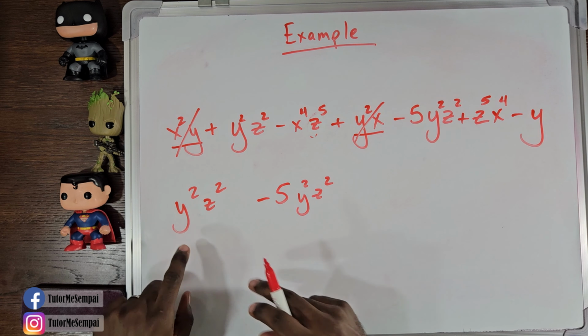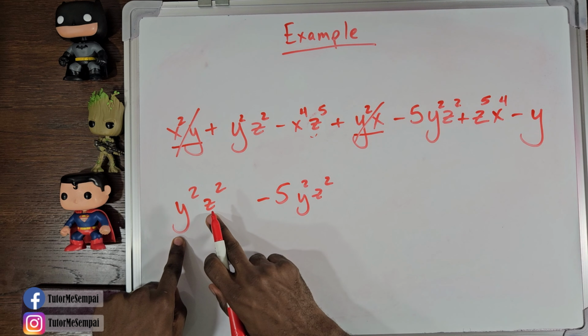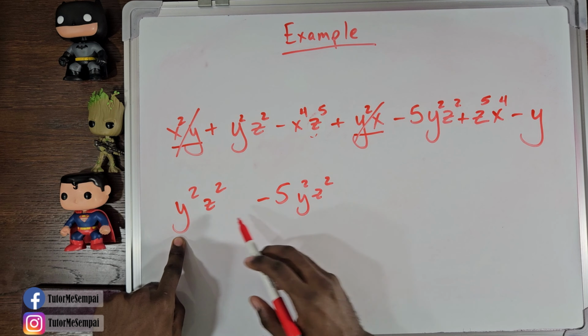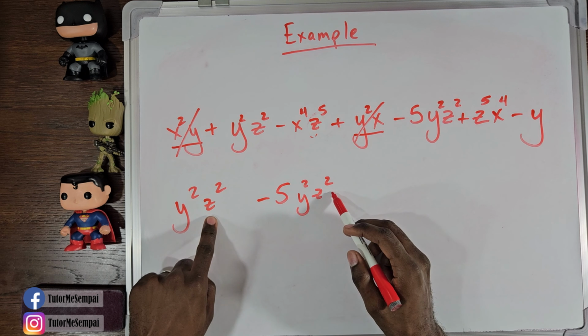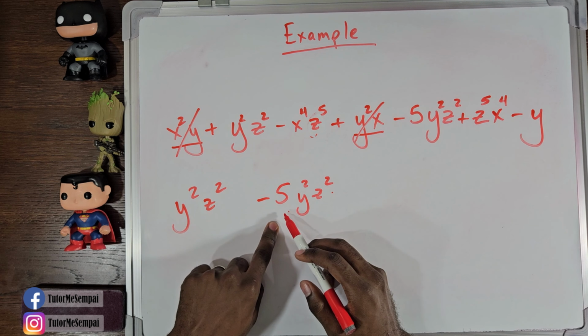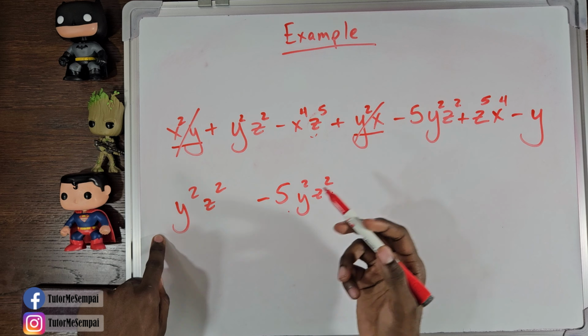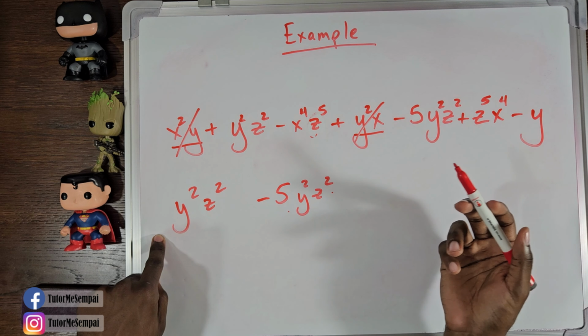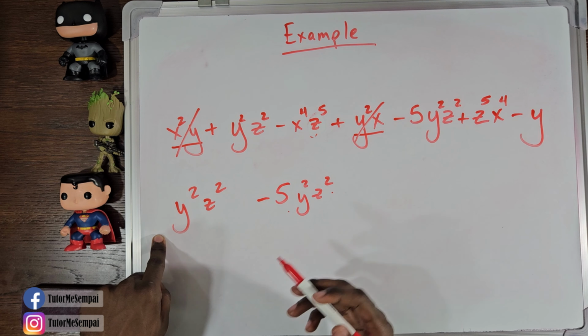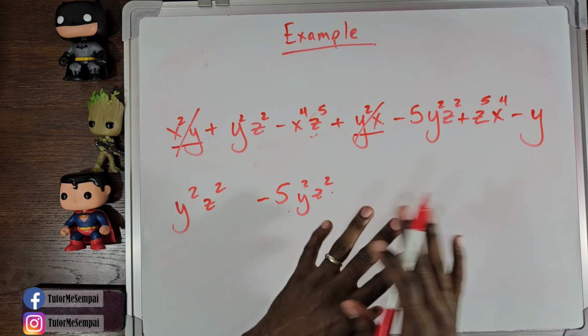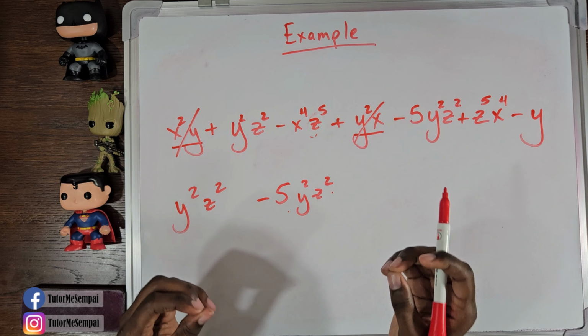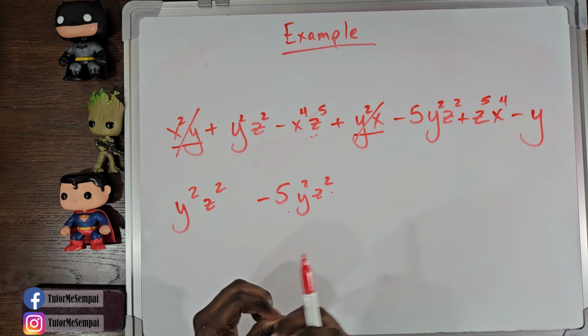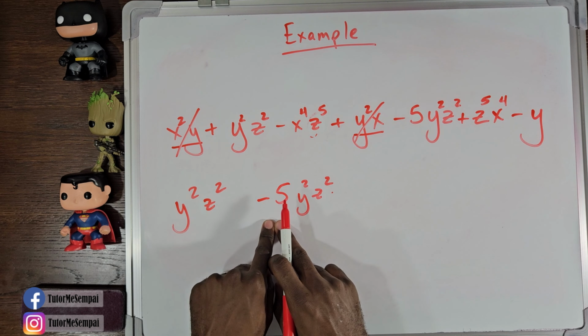Well, let's look at it. Y and z both present. We have a squared, that y is squared, that z is squared. But this one has a coefficient. This one doesn't. Does that mean that they're not like terms? No. These are indeed like terms. Remember, your coefficient doesn't come into play when just identifying your like terms. It doesn't matter what your coefficient is.